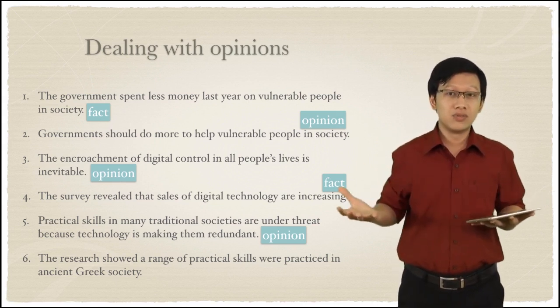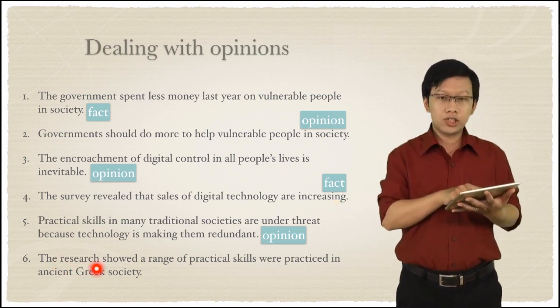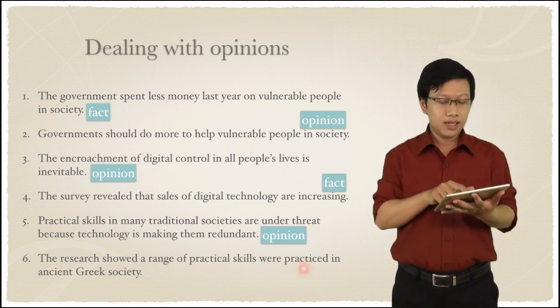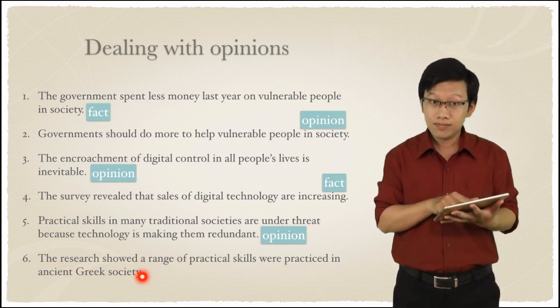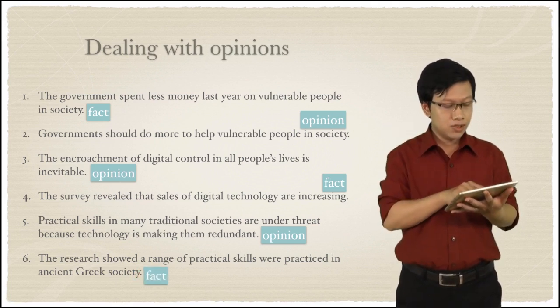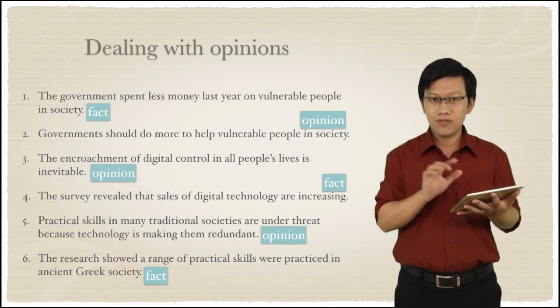It may be another reason why, another factor. Number 6, the research showed a range of practical skills were practiced in ancient Greek society. What do you think? This must be a fact, because it's the result of a research, and the research showed this. Okay, very clear.